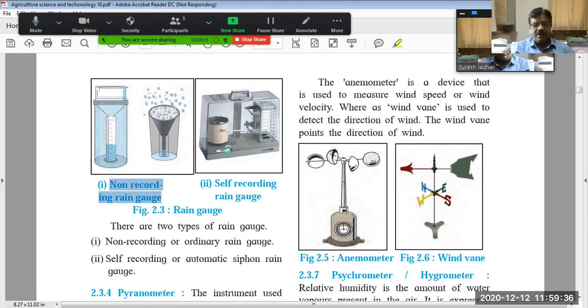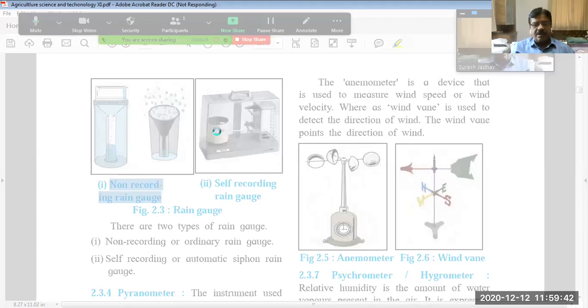But in the self-recording rain gauge, there is a drum, and on this drum there is a graph which records the rainfall.